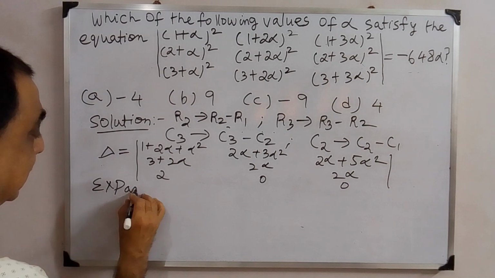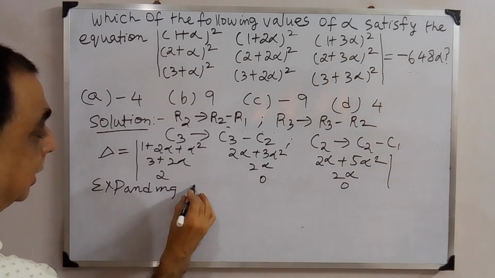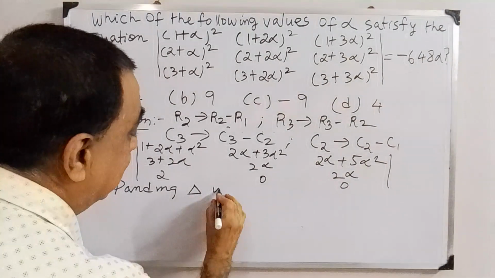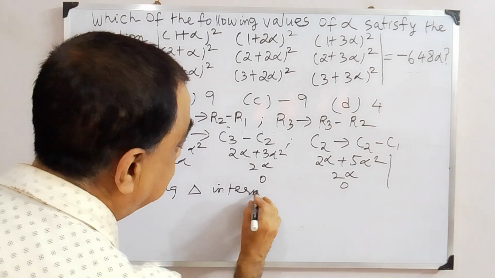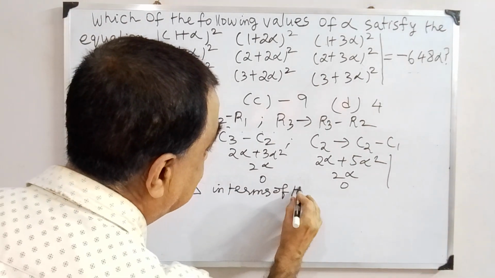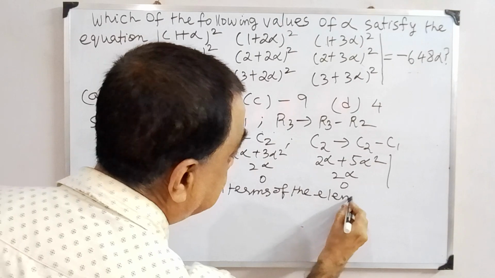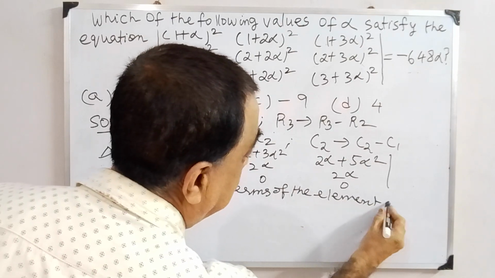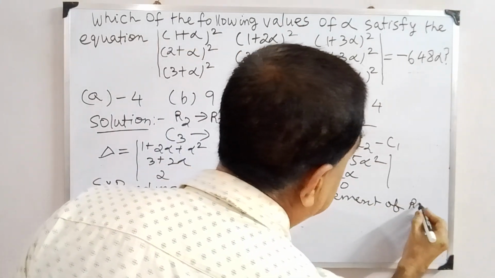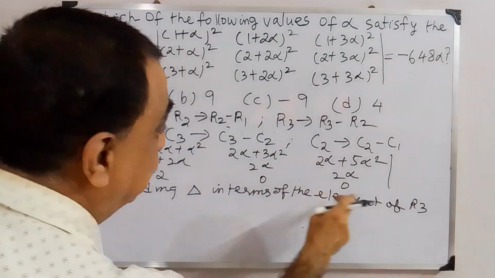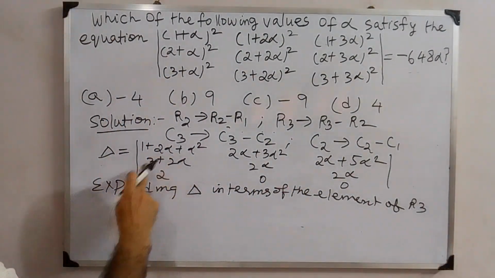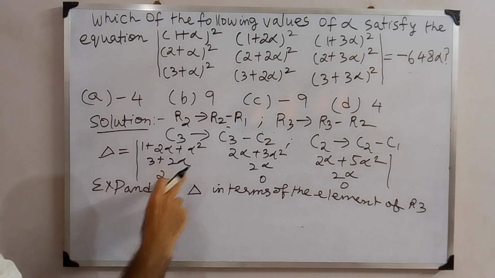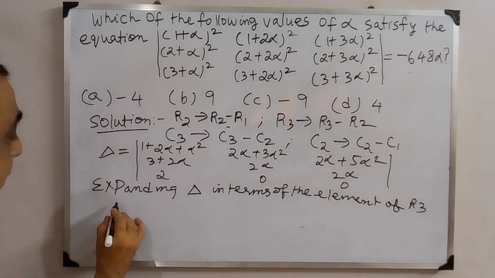So expanding delta in terms of the elements of row 3, here there is 2 0 0, so we'll get 2 into the cofactor of 2 only, the value of that determinant.